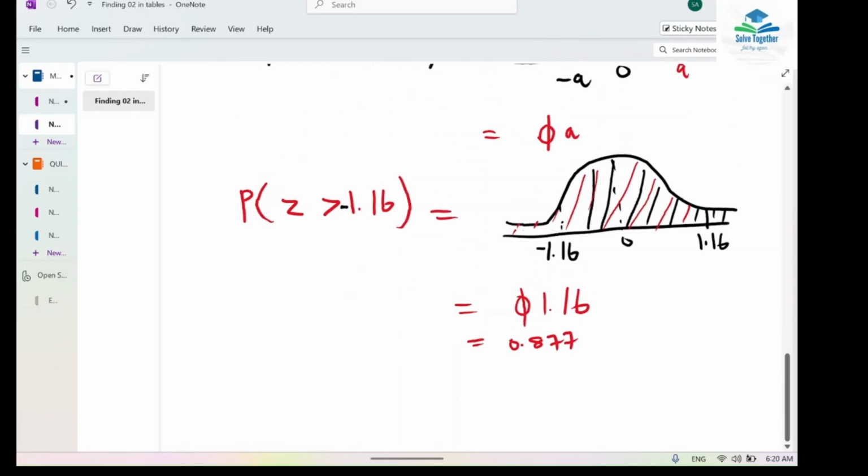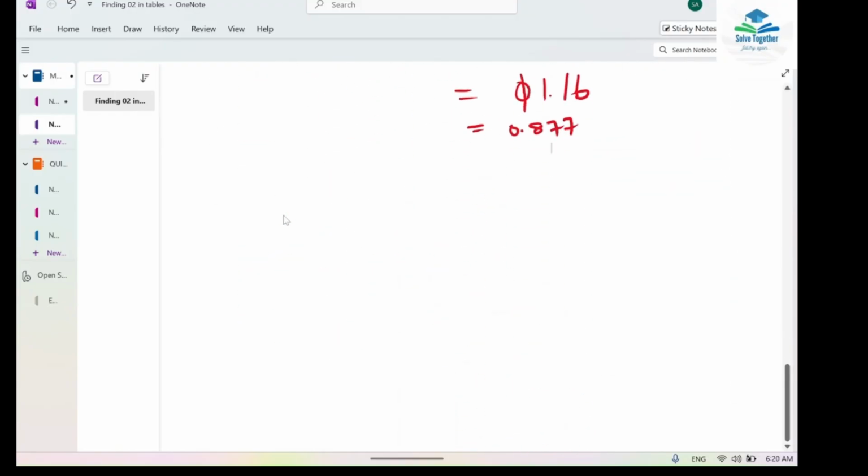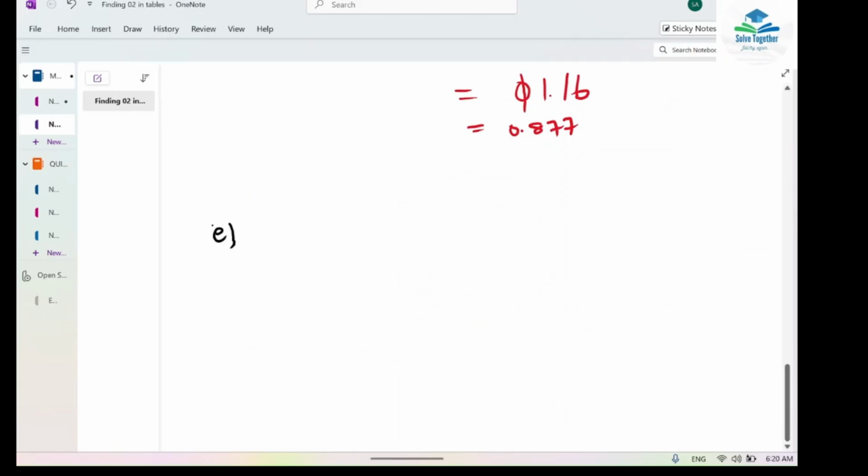So we'll go to our next property. That will be property A. That will be the probability of minus A being less than Z being less than B. Maybe let's start by putting all values positive here.